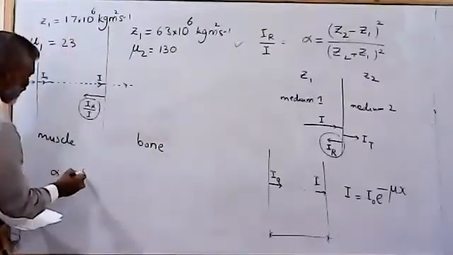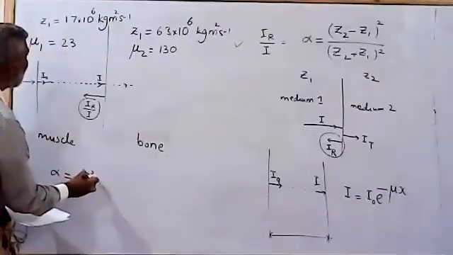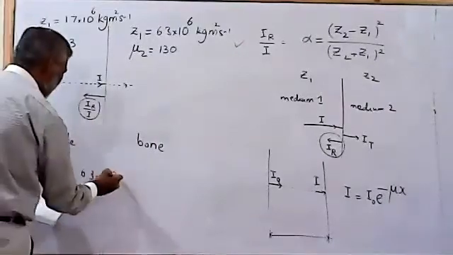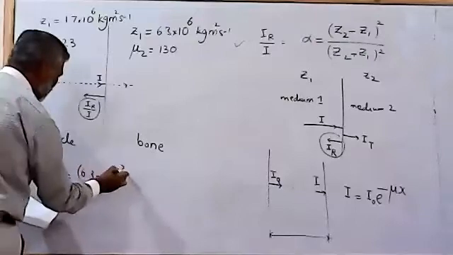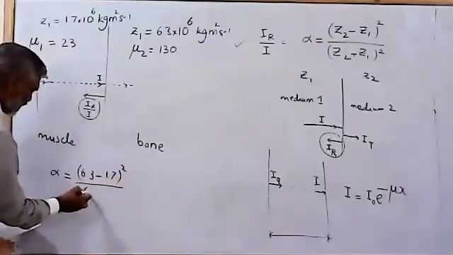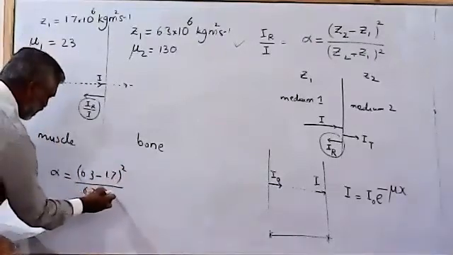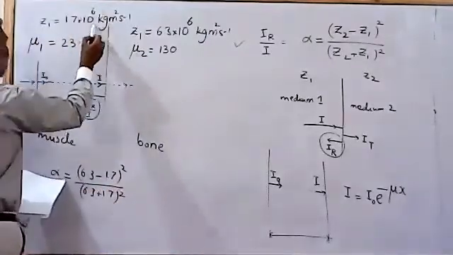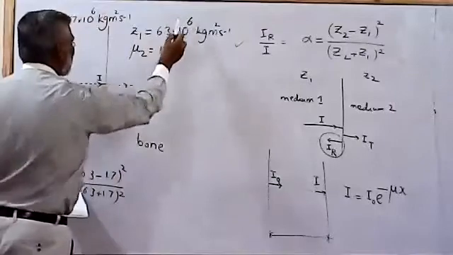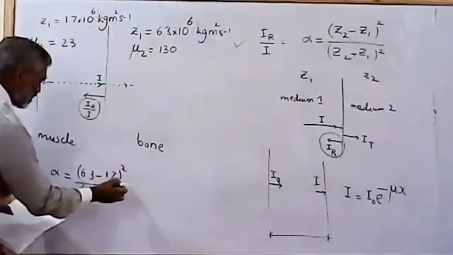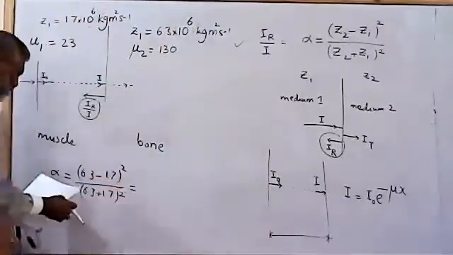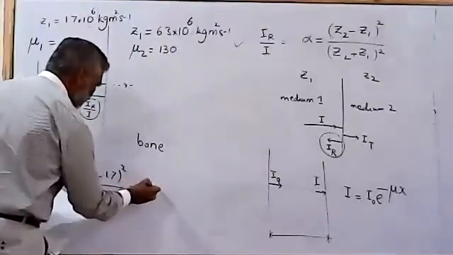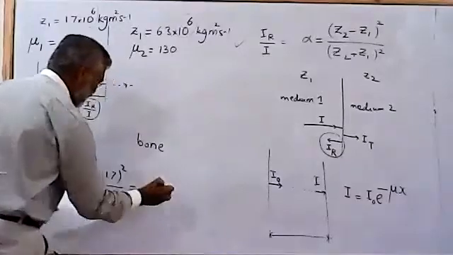So you see, we can know this alpha using these numbers. So (6.3 minus 1.7) square divided by (6.3 plus 1.7) square. Of course, the power of 10 will be the same in the two, so it will get cancelled. So if I simplify this, I get 0.33 as the answer.